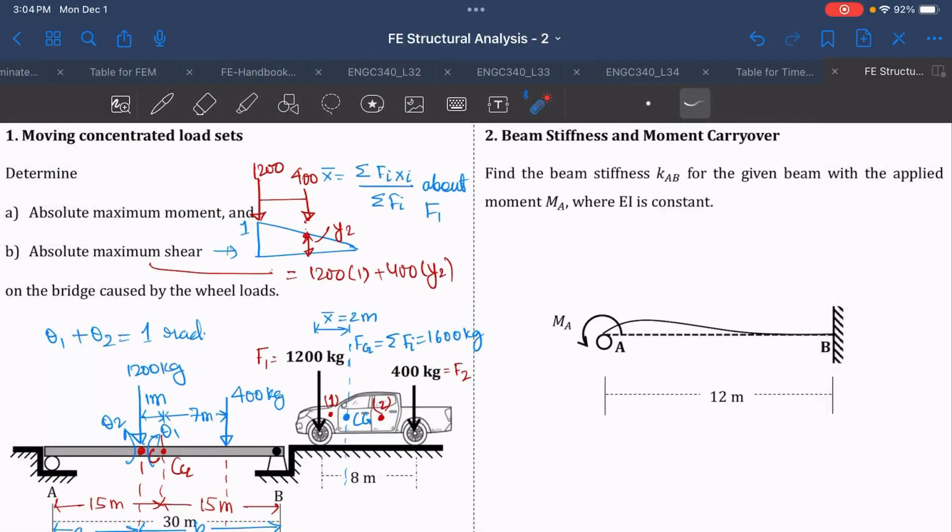So in this case, all you have to do is find the stiffness KAB at joint A, because you have two flexural stiffnesses.